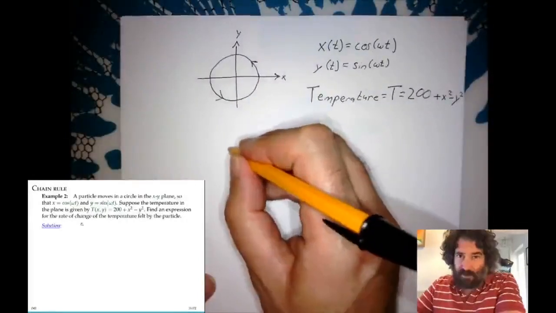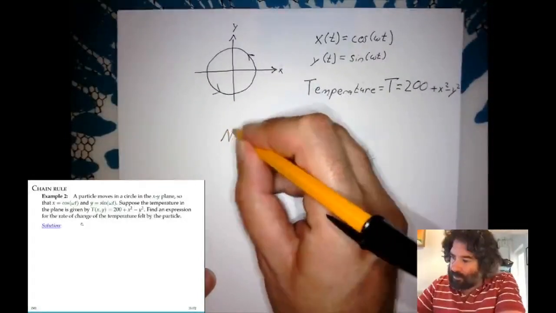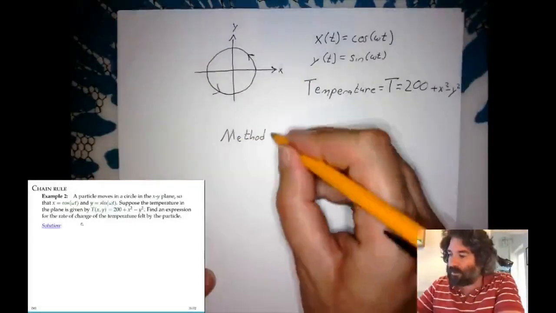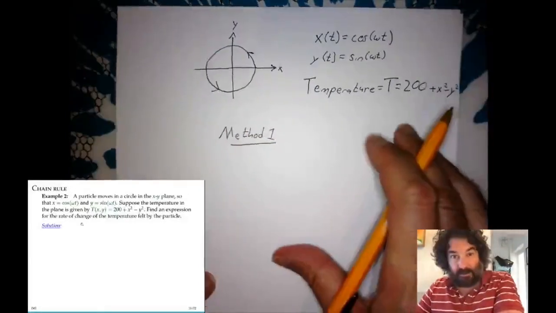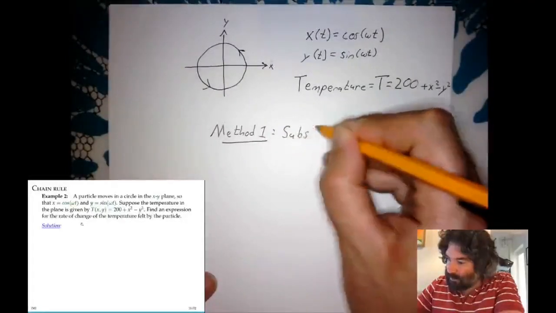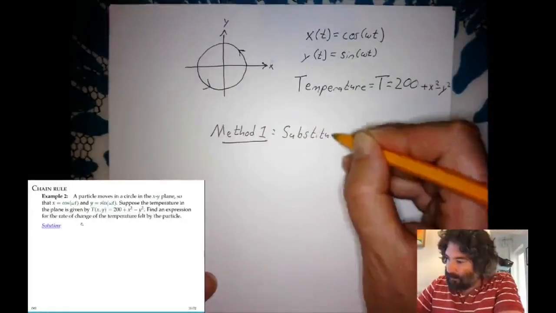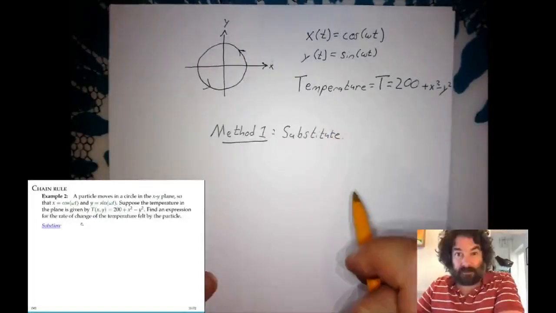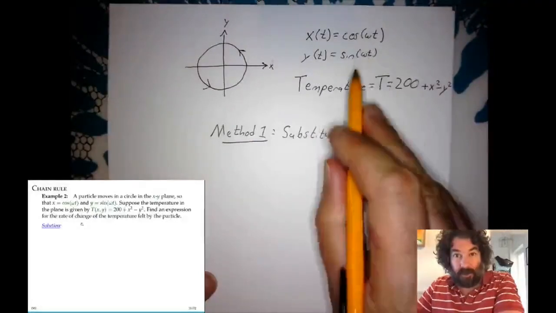And so let's do it both ways, one using the chain rule and one just by substituting in the formulas for x and y. So the first method, we'll just substitute in the functions for x and y.